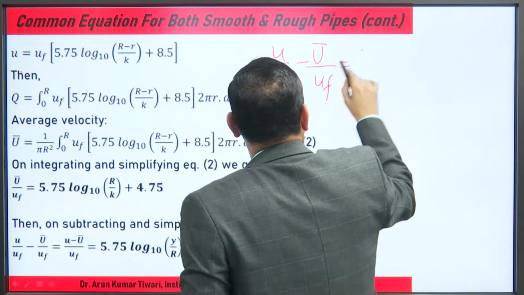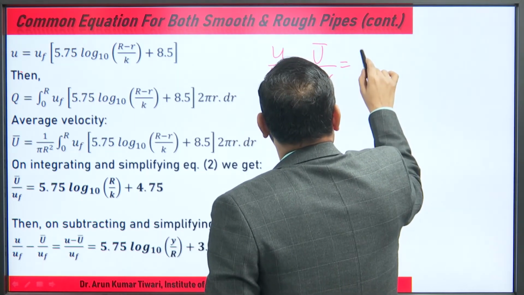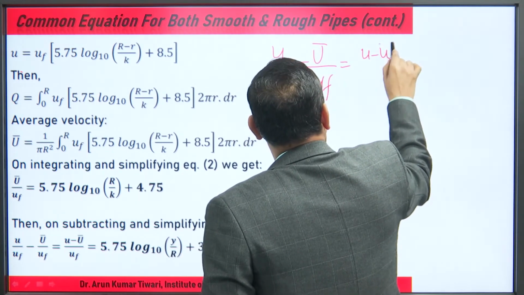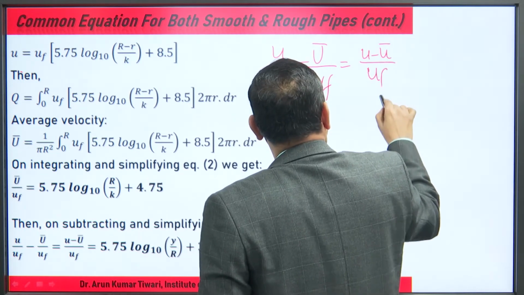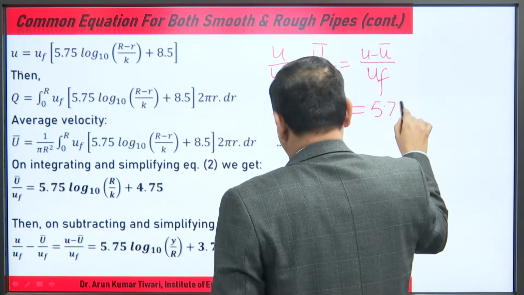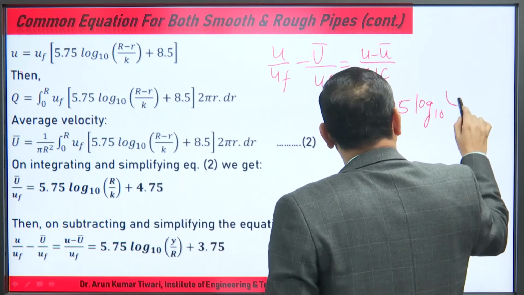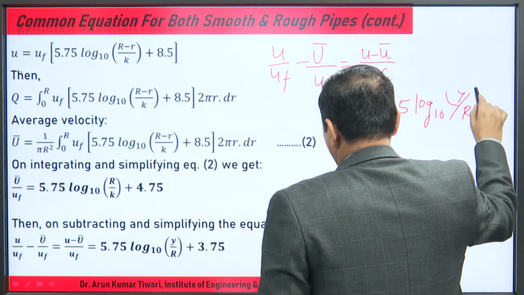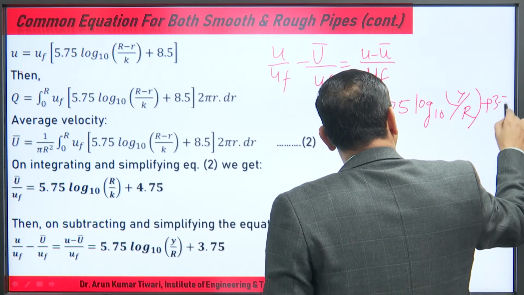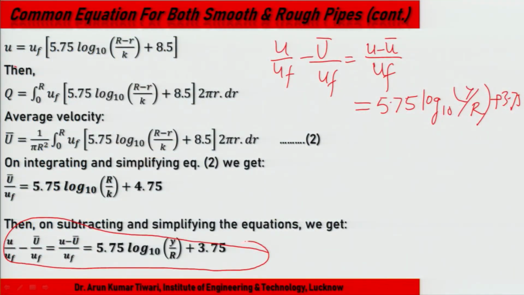Because U_f is common, we can write (U minus U bar) upon U_f, the shear defect, equal to 5.75 log 10 y upon R plus 3.75. This is a very important equation of turbulent flow.